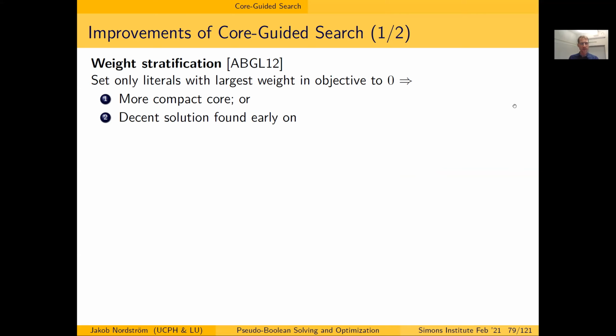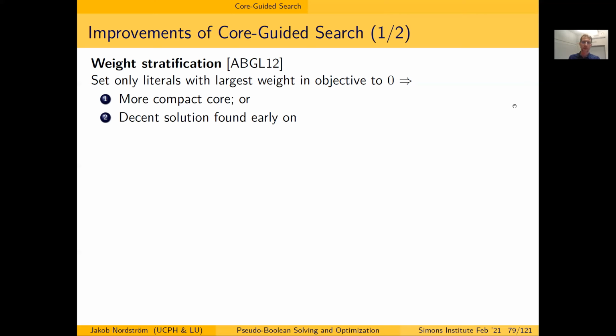This can lead to one of two things. If it turns out that already this very limited assumption on these large weight literals is inconsistent, then since you made fewer assumptions, you get a smaller, more compact core, a stronger core.